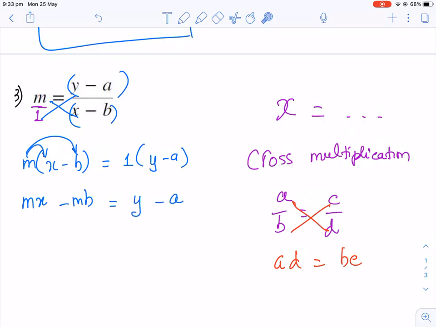So again, I'm going to keep x on this side of the equation, and everything not related to x moves to the other side. So mx equals y, and a still stays there on the right-hand side, so I do not change the sign in front of a and y. However, negative mb moves to this side, so I will change it to positive mb.